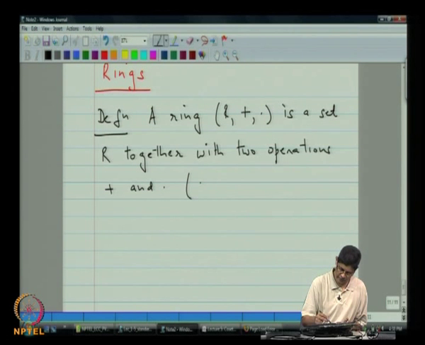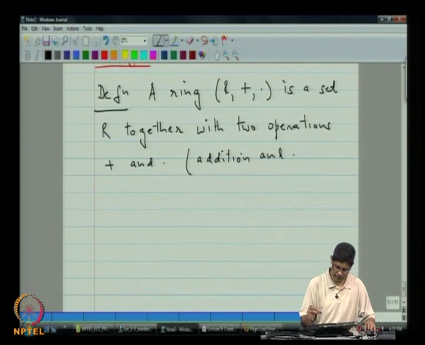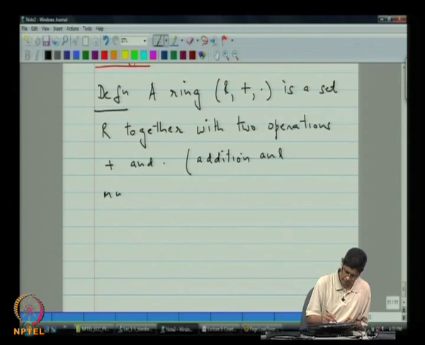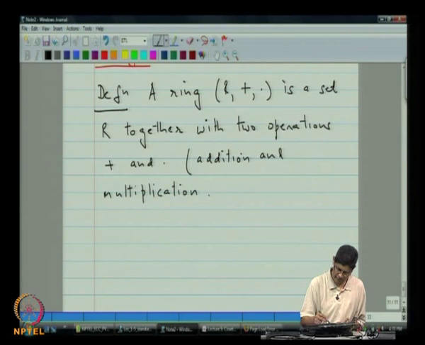So you can think of these as addition and multiplication, respectively.